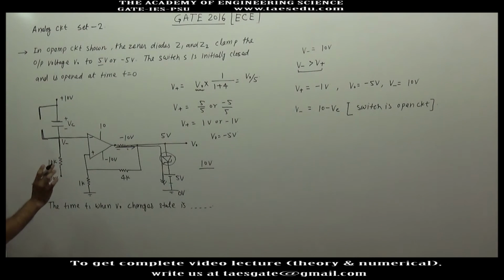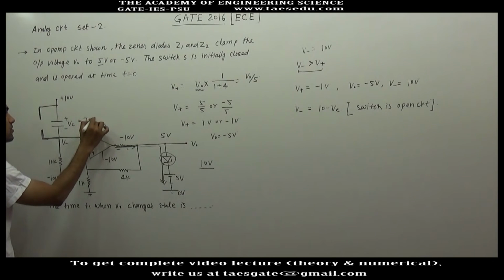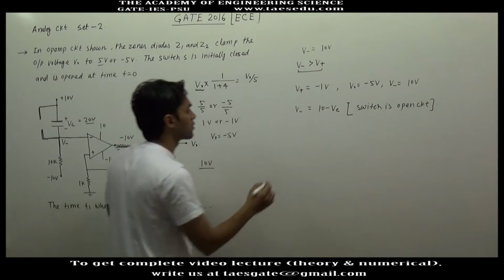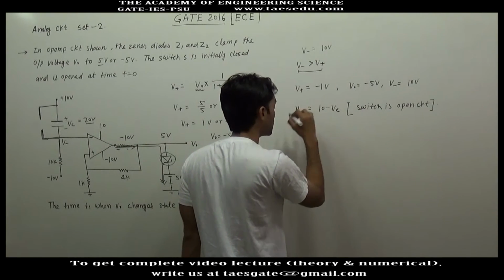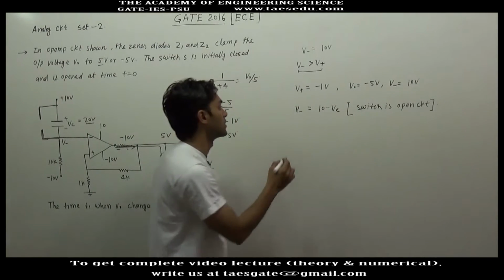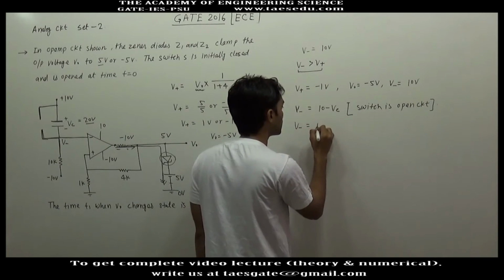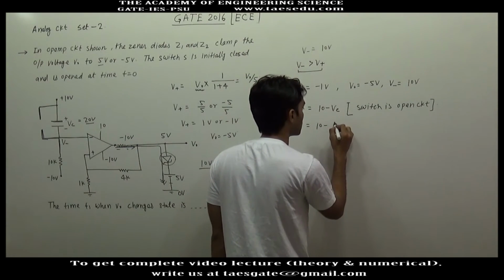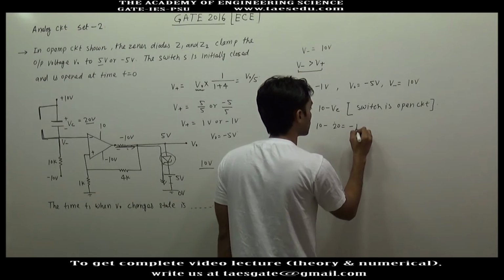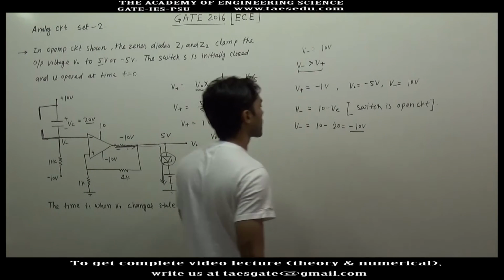If there is no current, the voltage drop across the resistance will be 0, so the capacitor will be charged to 20 volt in steady state. So V minus will be 10 minus the capacitor voltage of 20 volt. This will be minus 10 volt.